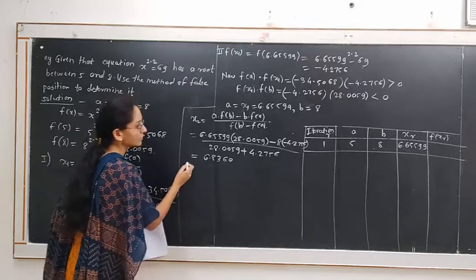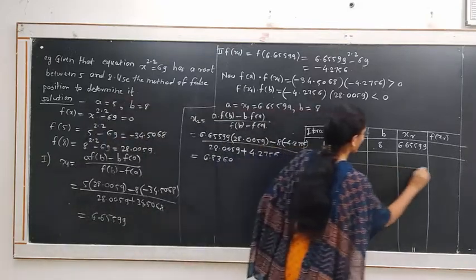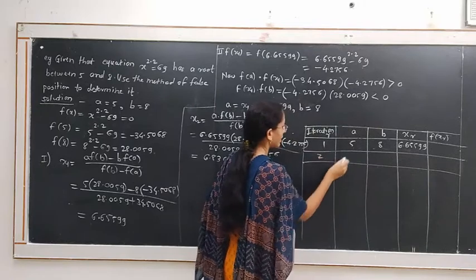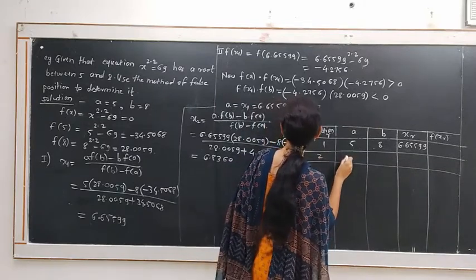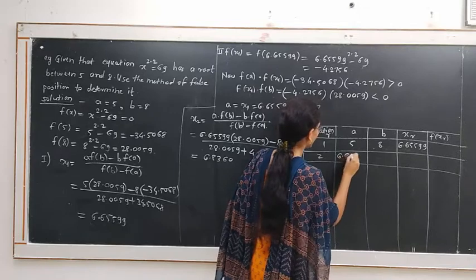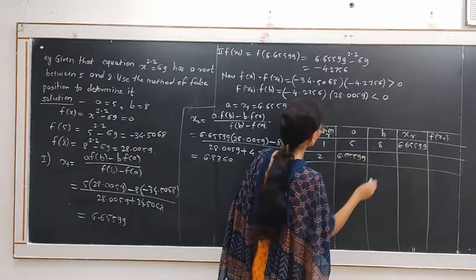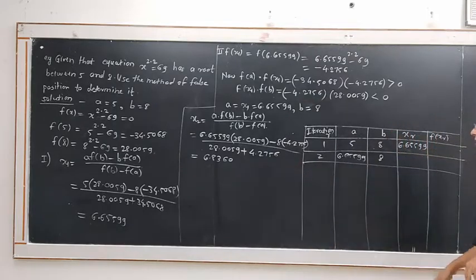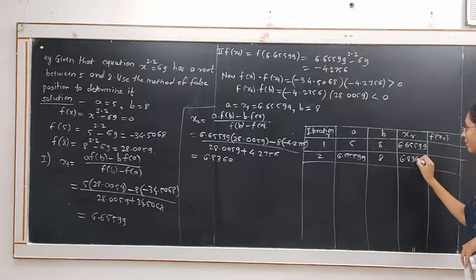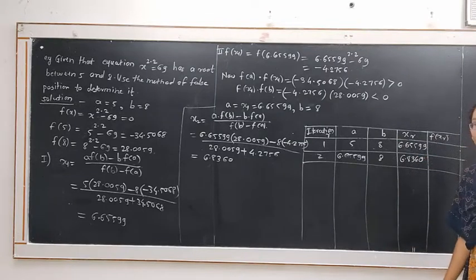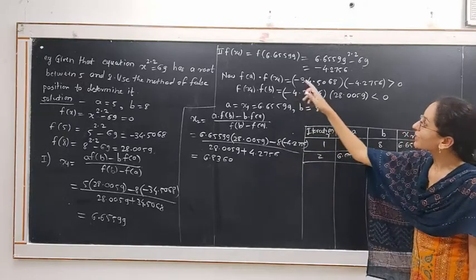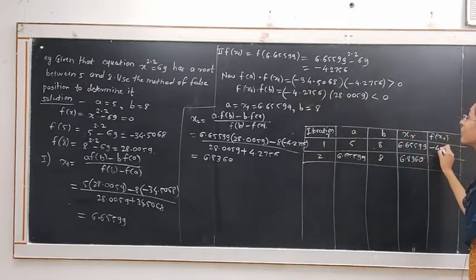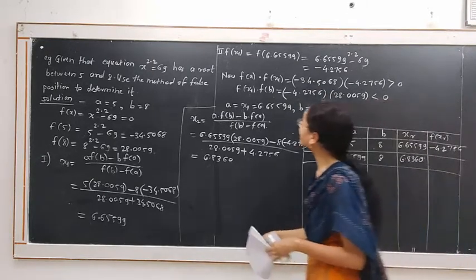Now for f of x2, in the second iteration, we consider the value of a as 6.65599, the value of b is 8, and the value of x2 obtained is 6.8360. And the value of f of x1, in the first case, is minus 4.2756. Value of f of x2, now we calculate it.